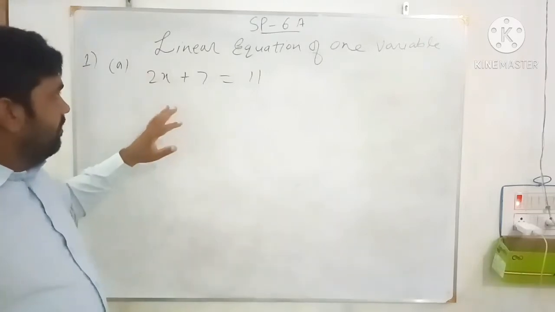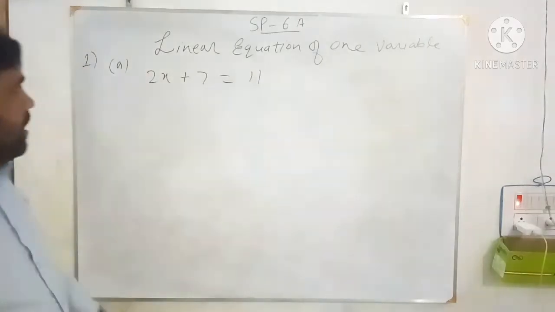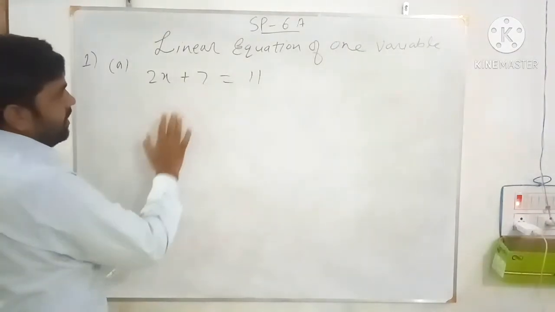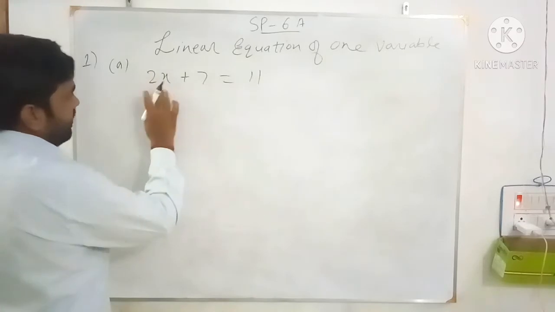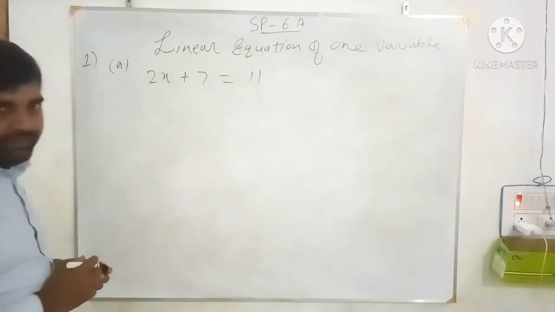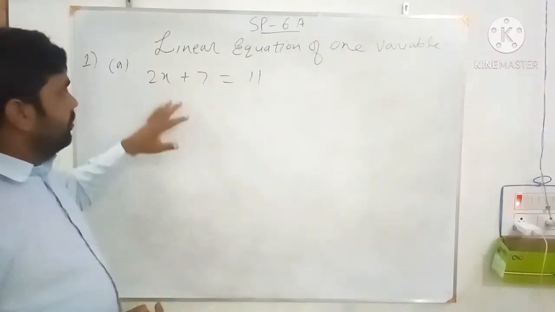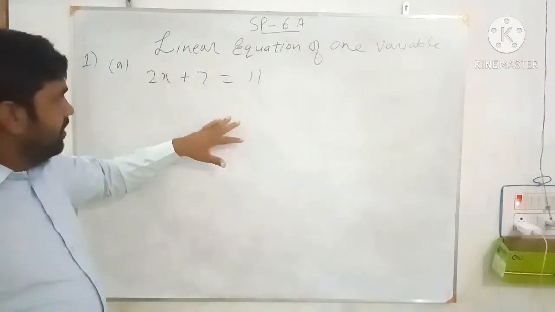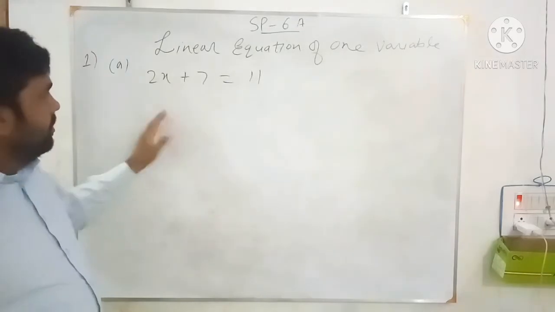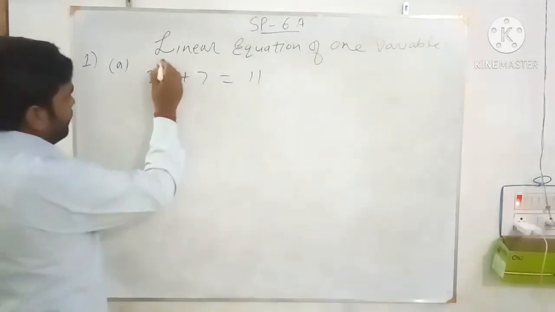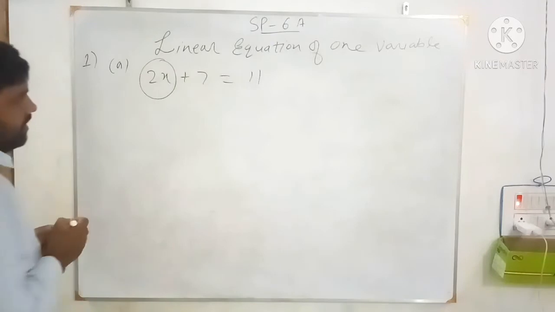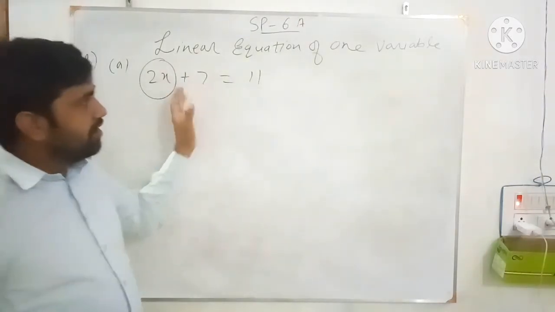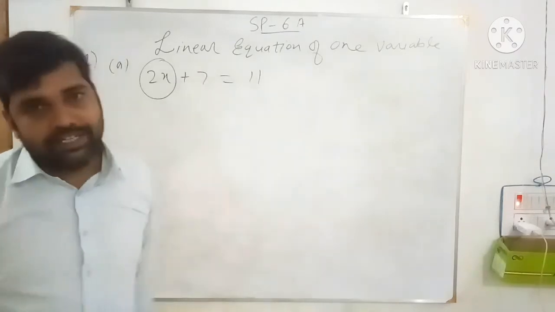First of all, we see this equation on the left hand side contains two terms. The first term is 2x, and the second term is 7. Now the term which contains the variable, you have to leave it alone on the left hand side. So we leave 2x alone on the left hand side, and the remaining term attached with 2x, that is plus 7, you have to transfer to the right hand side.